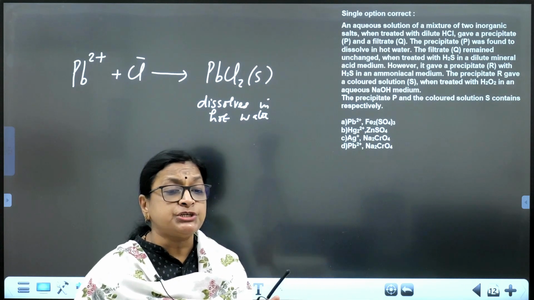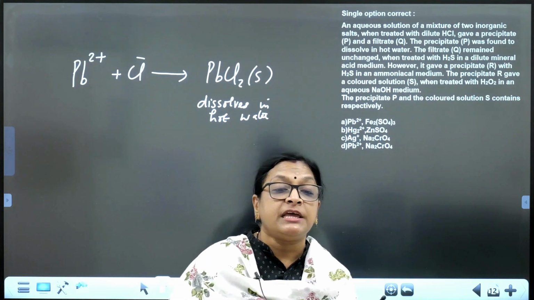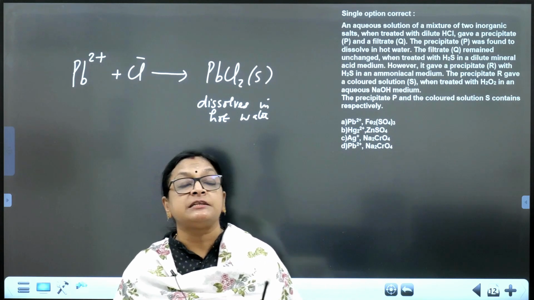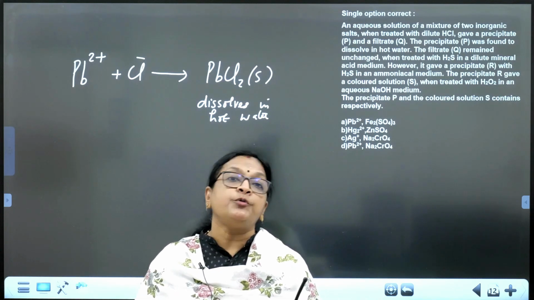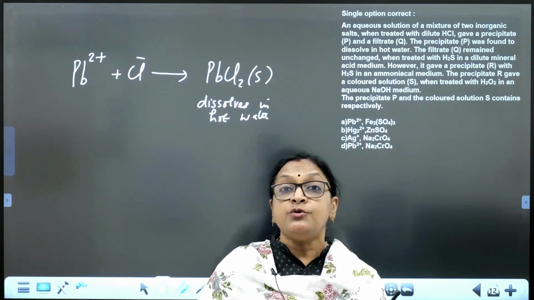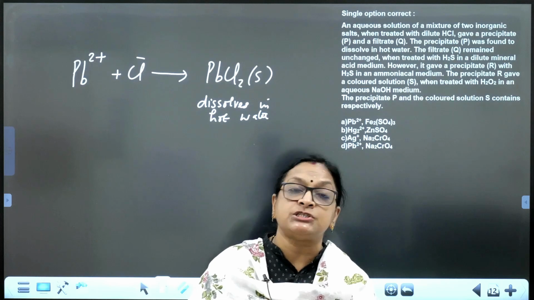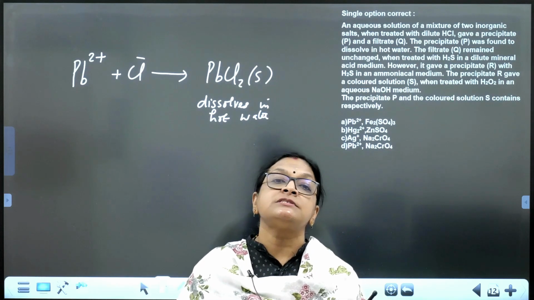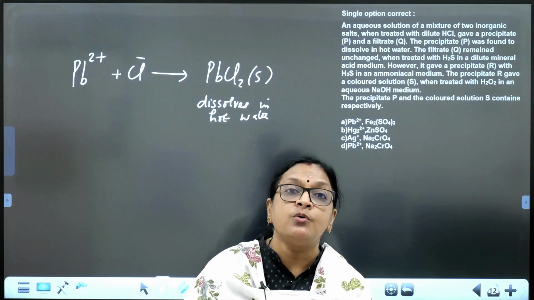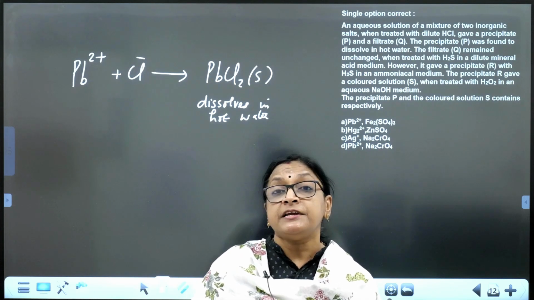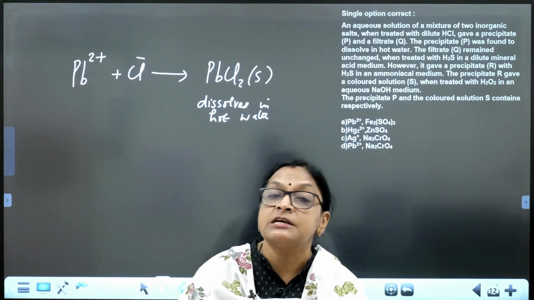Coming to filtrate Q, it remained unchanged when treated with H2S in dilute mineral acid medium. This is the group reagent for second group cations, that is, first dilute HCl and then H2S. Group 2 cations are those cations whose sulfides have very low KSP, where the sulfides get precipitated even at low concentration of sulfide ions in solution.